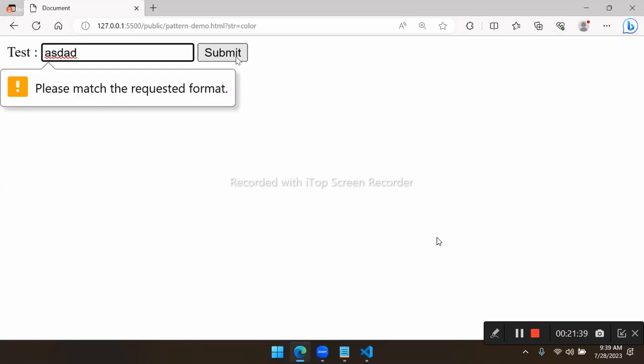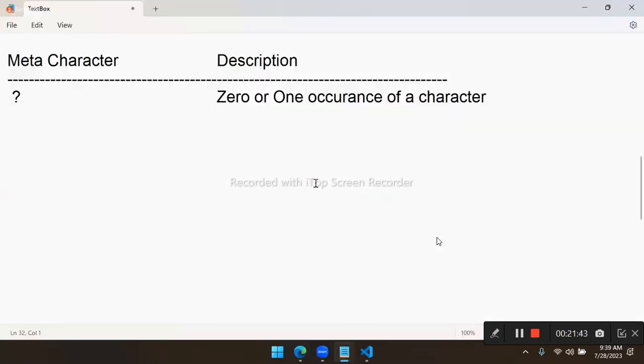It will submit only those two words. That is the meaning of the question mark. So syntactically, we write like this: COLOU question mark R. This represents COLOR, COLOUR. That's how we define it. So that is the meta character question mark.